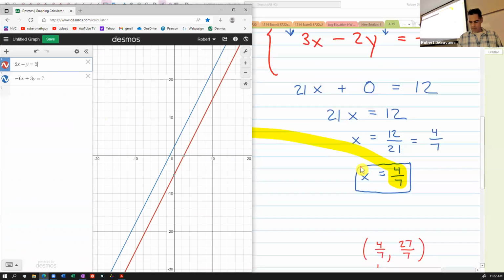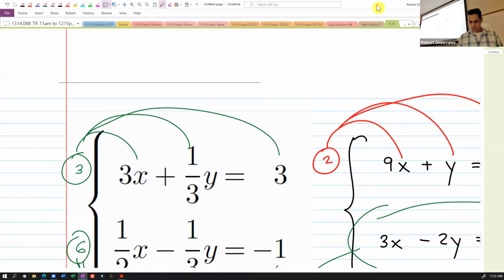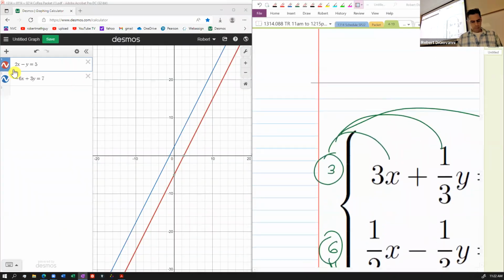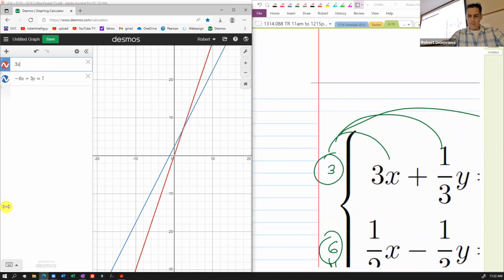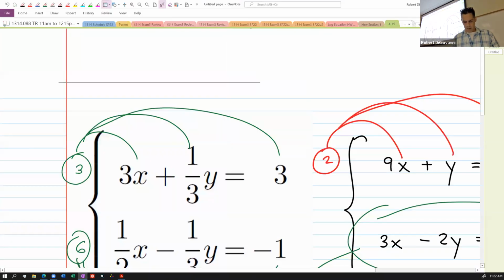I need my lines. Okay, my first line is 3x plus y over 3 equals, what was it? Equals 3.